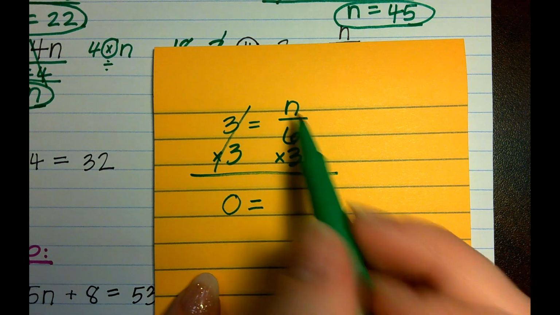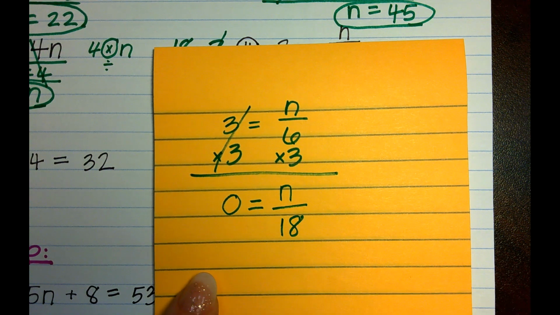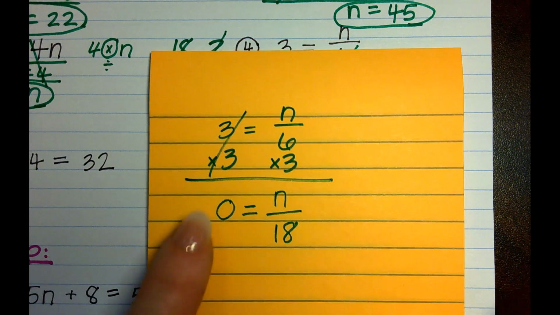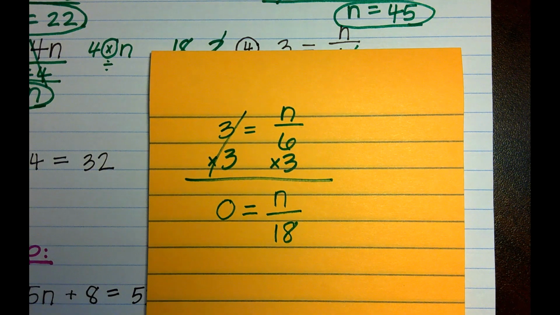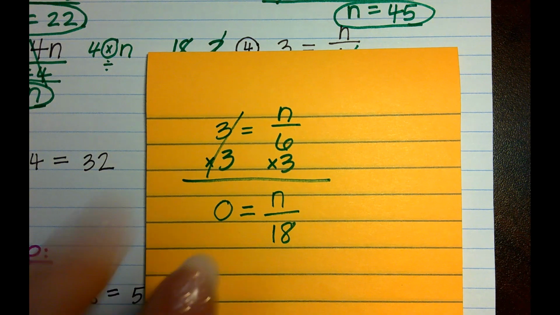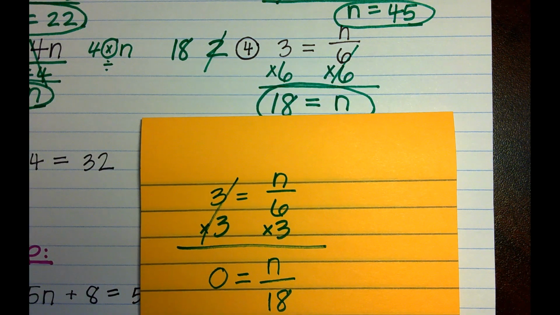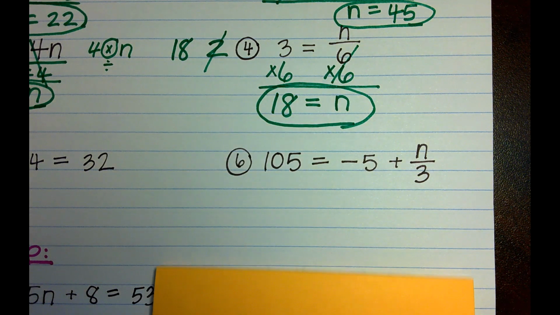Equals n over 6 times 3, 18. Now you have your problem all over again. It's kind of mixed up and not organized correctly. Technically, you got the right answer. This was a one-step equation, so when you make little mistakes like that, it won't hurt you too much.